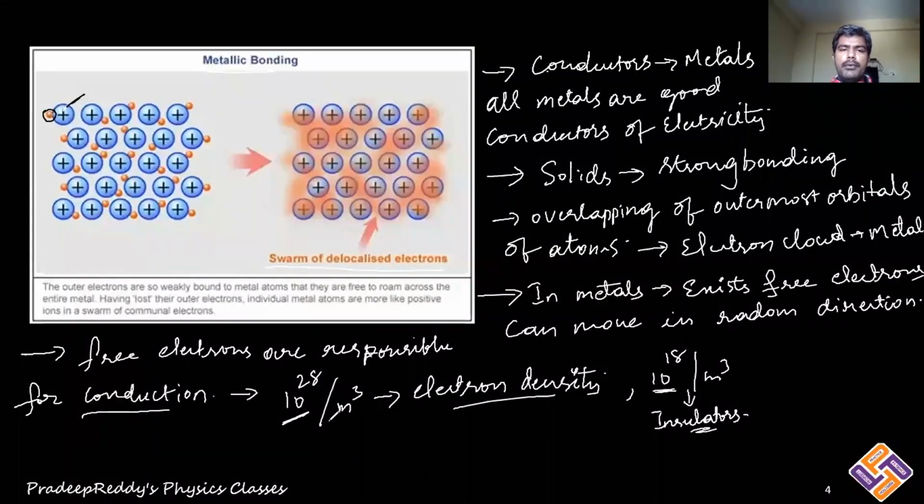They move randomly in all possible directions. Therefore, electron density in case of metals is very large. It is of 10 power 28 per meter cube, and all these electrons get accommodated only on the surface of metals.